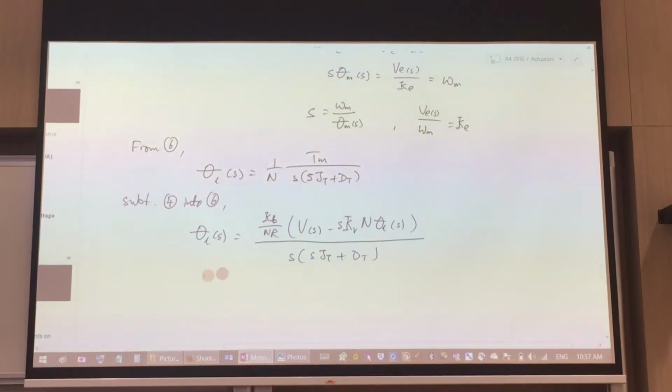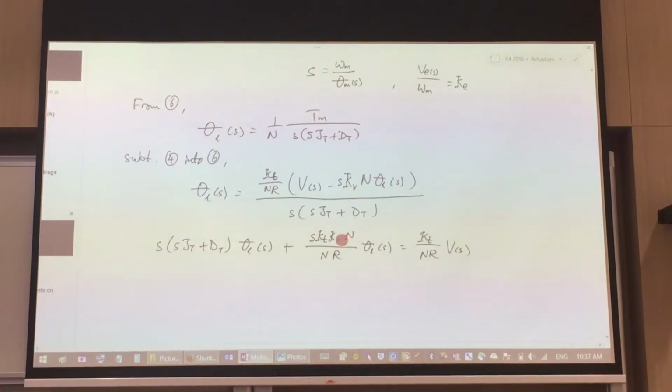I can simplify this and multiply this out, and bring the other term over. This N and that N will cancel out. And as a common factor, theta L, I'm going to take it out.